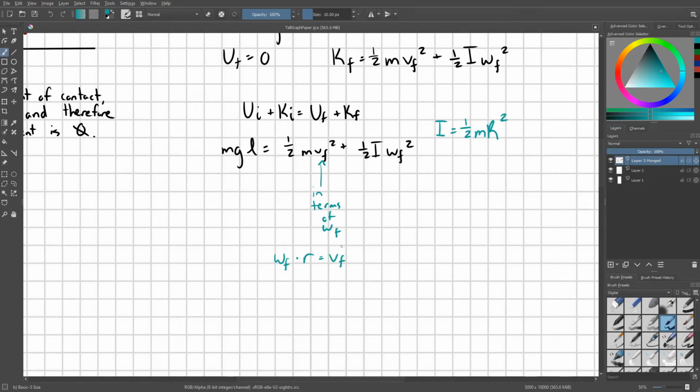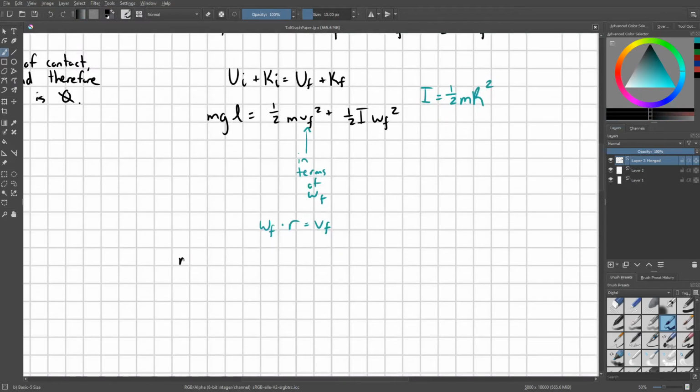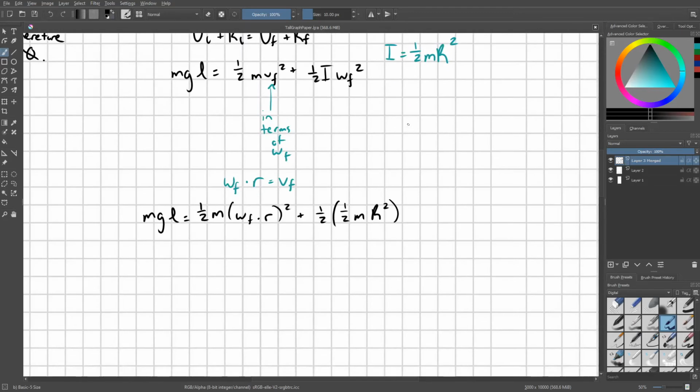So v final simply equals omega final times r. I'm going to make these two substitutions now, one for I, one for v final. And we're going to get that mgL equals 1/2 times m times (omega final times r) squared plus 1/2 times 1/2 m times R squared times omega final squared.